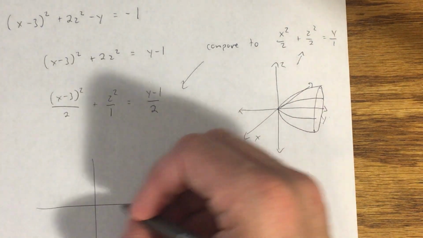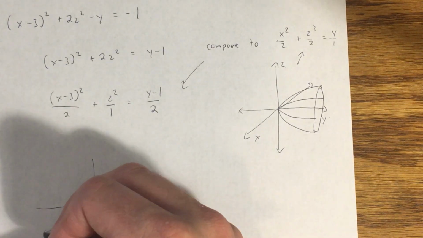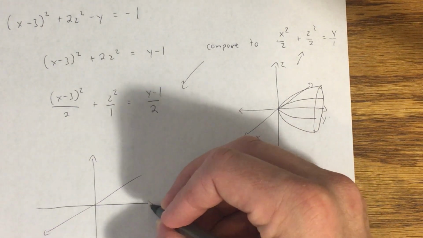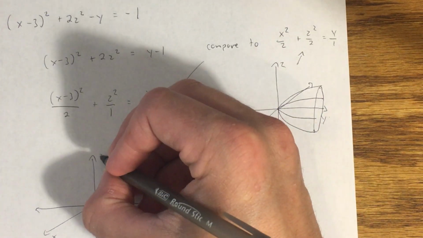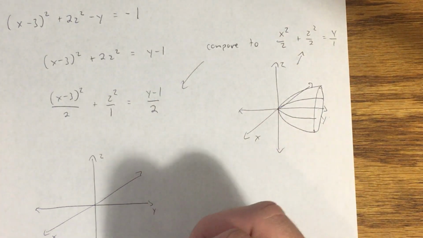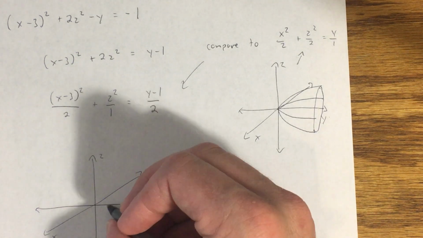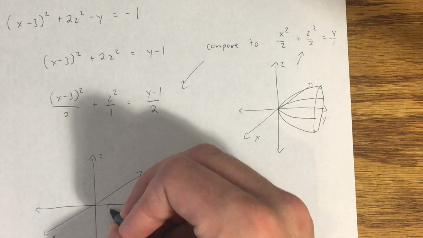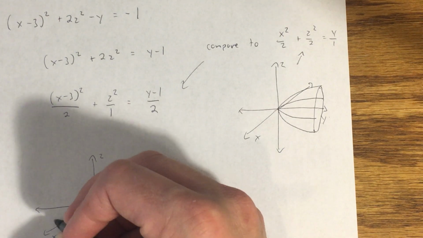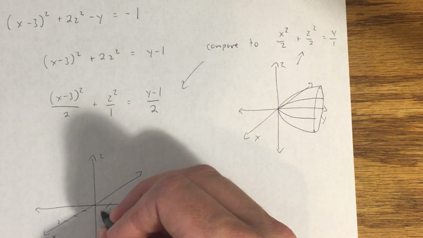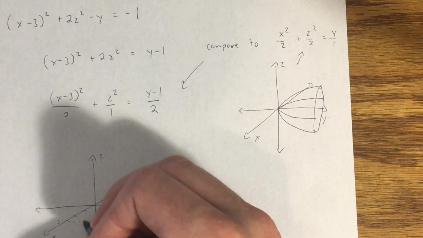Okay, so we're going to have this x, y, and a z here. So again, I'm going to move 1 unit in the y direction. That's like this. 3 units in the positive x direction: 1, 2, 3. Okay, that's going to take me to this point.